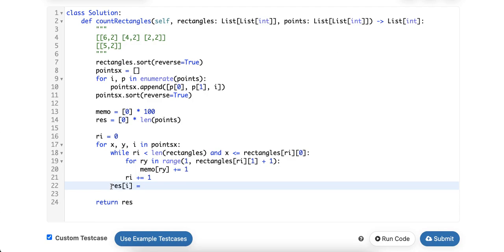We can know the result for that point by accessing the y.